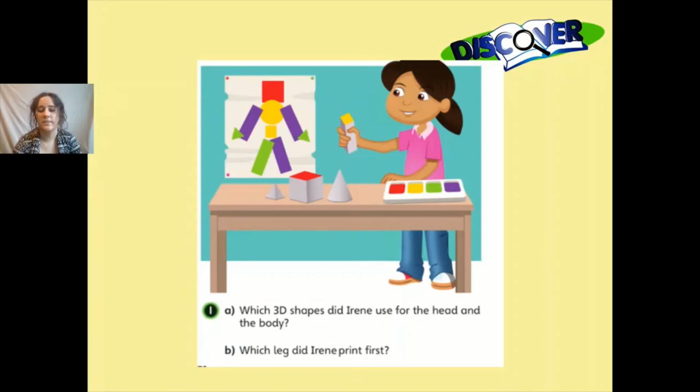Now let's look at 1B. 1B asks, which leg did Irene print first? Have a look at the two legs. There's a green one and a purple leg. Pause the video here and discuss with your adult which leg you think Irene printed first and why.